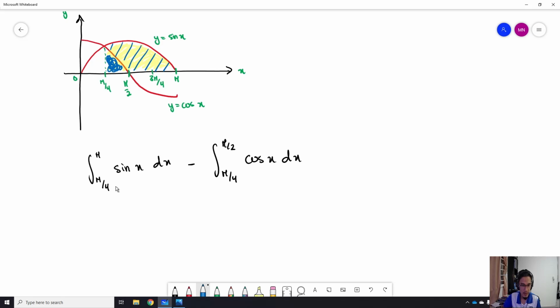So now let's integrate sine x. So integration of sine x gives us negative cosine x from pi over 4 to pi, minus sine x from pi over 4 to pi over 2, plus c.